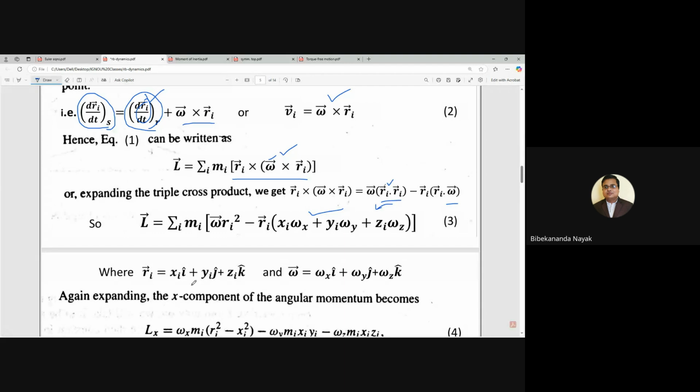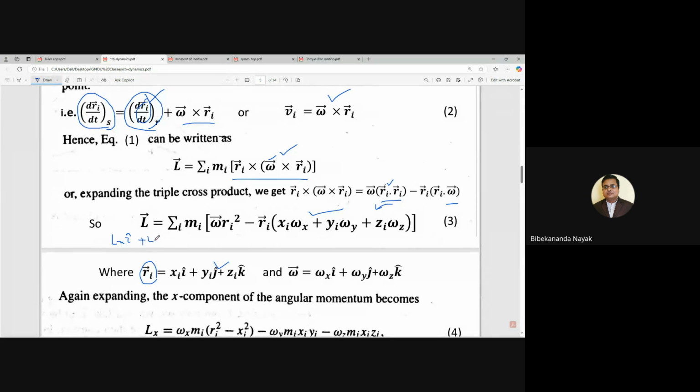Ri is equal to xi i cap plus yi j cap plus zi k cap, the components of Ri. Omega is omega x i cap plus omega y j cap plus omega z k cap. L is nothing but Lx i cap plus Ly j cap plus Lz k cap.